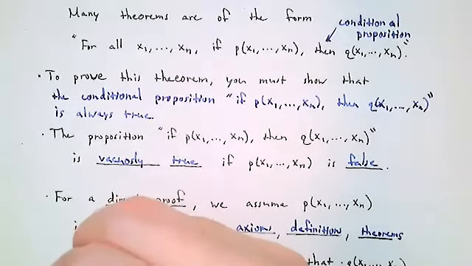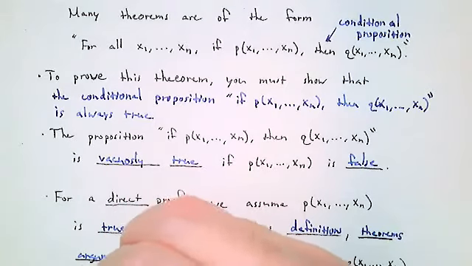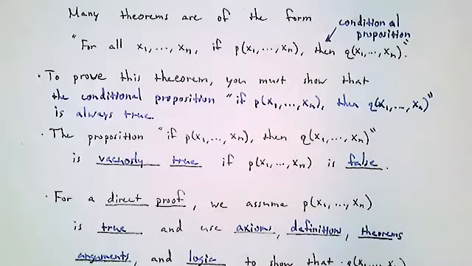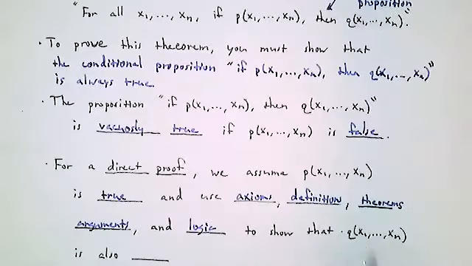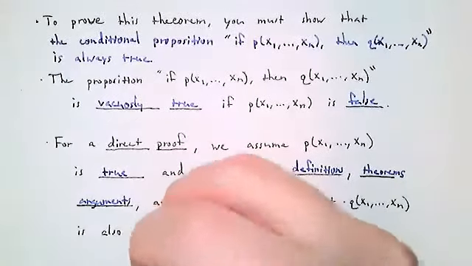And then we're going to use our rules of logic as well. So we might need to use arguments and just raw logic to show that the conclusion q of x1 through xn is also a true statement.